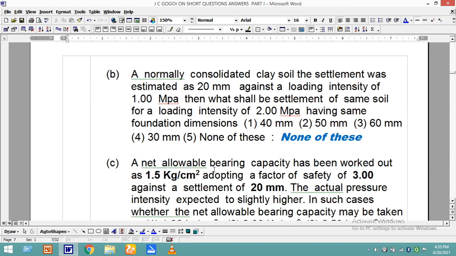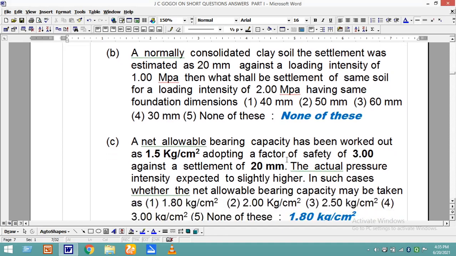A net allowable bearing capacity has been worked out as 1.5 kg per centimeter square, adopting a factor of safety of 3 against a settlement of 20 millimeter. The actual pressure intensity is expected to be slightly higher. In such cases, may the net allowable bearing capacity be taken as 1.8 kg per cm square, 2 kg per cm square, 2.5, 3 kg per cm square, or none of these?